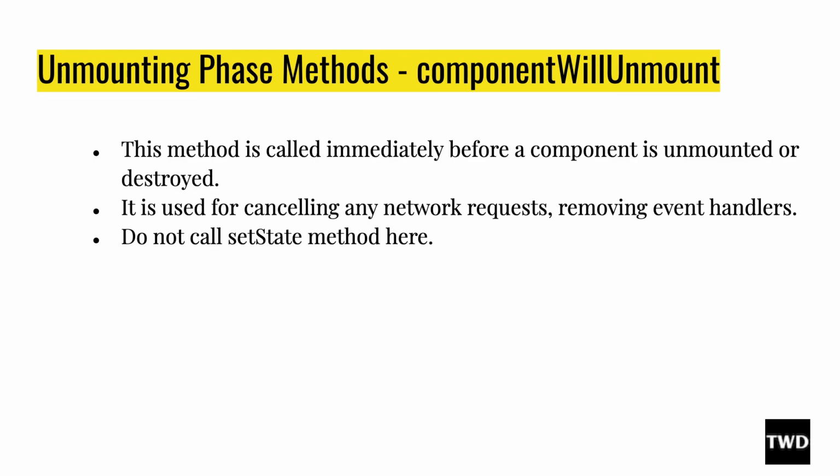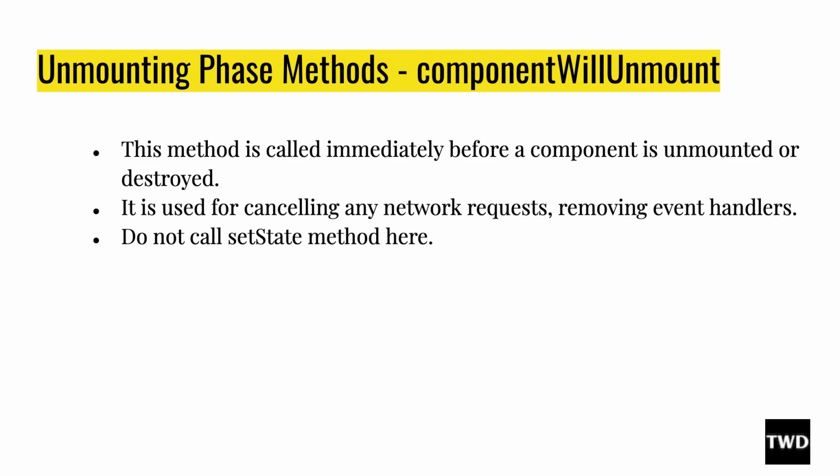It is used for cancelling network requests or removing event handlers, or we can remove the event handler also. And again, do not call this.setState in this method. And the error handling phase we will not see in this, because it's a big topic, we'll see it as a separate video.